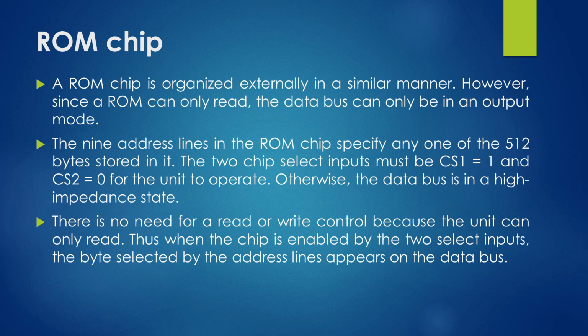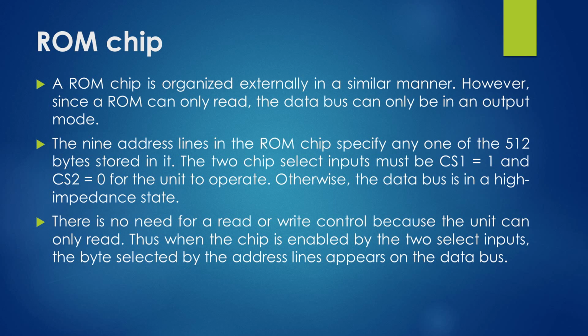Otherwise the data bus will be in high impedance all the time. We also observed that we don't have the two options, read and write, as the ROM chip can only be read. Only two things are important here, CS1 and CS2 and their values.